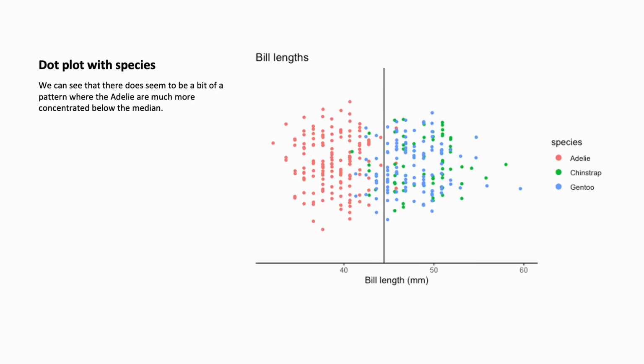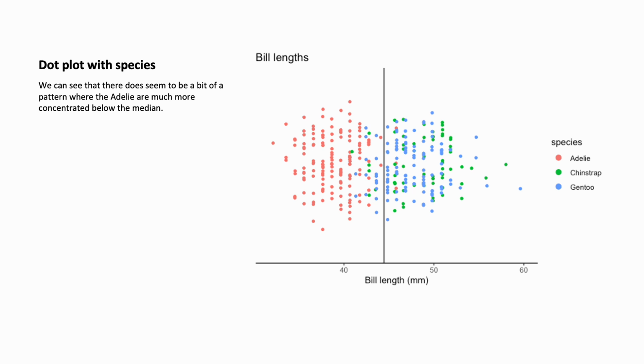Now, since we are interested in the species, we can color the dots with the colors corresponding to the species. This helps us see that maybe there is some kind of relationship between the species and the values of bill length.